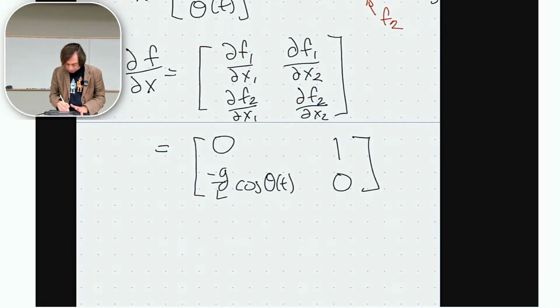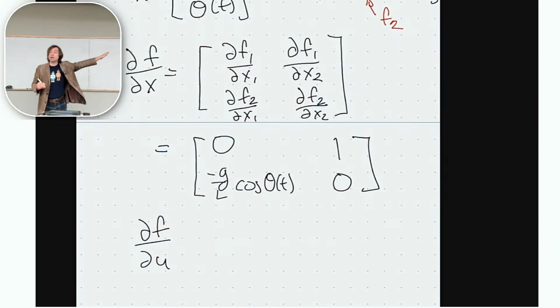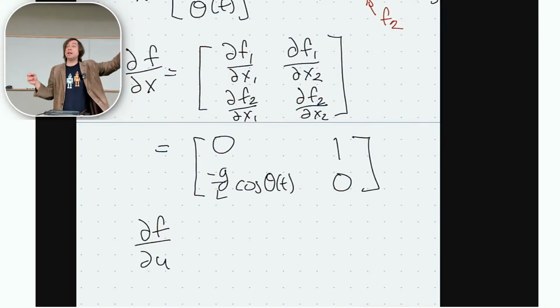So now we have partial f, partial x. Now we need partial f, partial u. Unlike partial x, there's no guarantee that the number of inputs is going to be the same as the number of states you have. We have one input, 2 states. You could throw on 50 inputs for some reason, but still have 2 states. So that means our matrix here isn't necessarily going to be a square matrix.